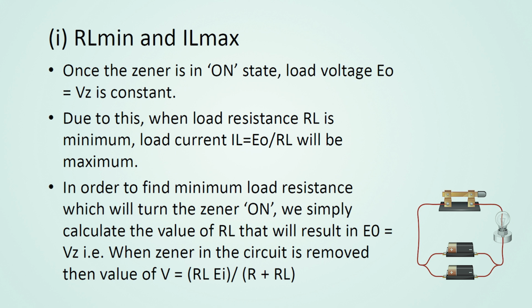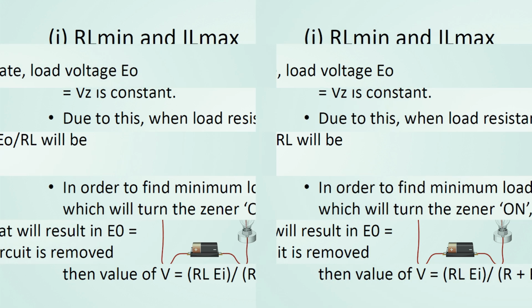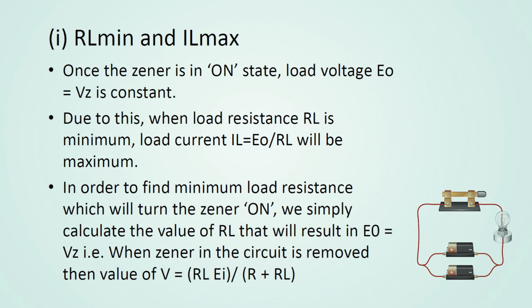In order to find the minimum load resistance which will turn the Zener diode on, we simply calculate the value of RL that will result in E naught equal to Vz. When the Zener is removed from the circuit, the voltage V will be equal to RL times Ei divided by R plus RL. By this voltage we will find the minimum value of RL that will turn on the Zener diode.